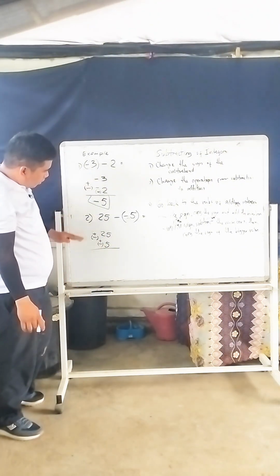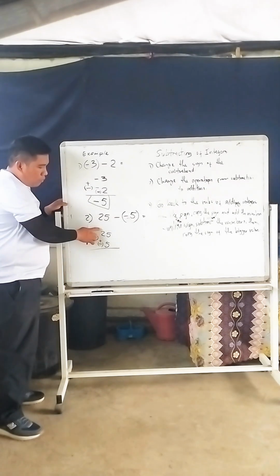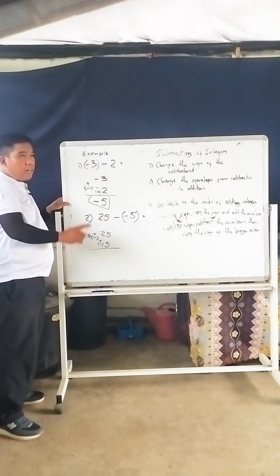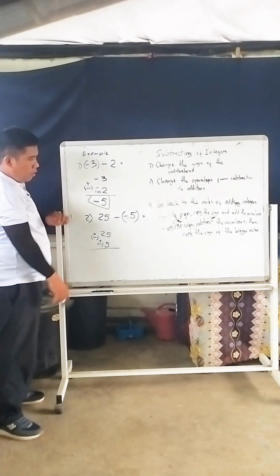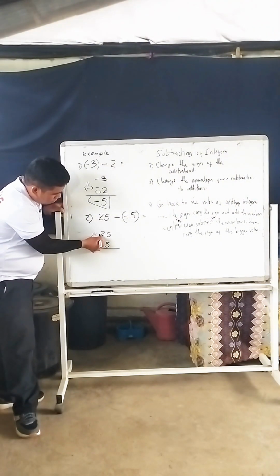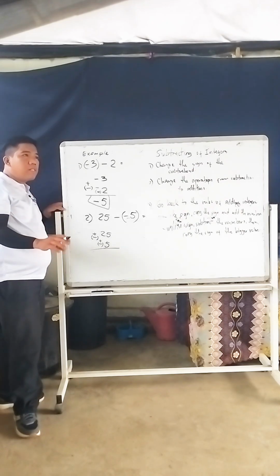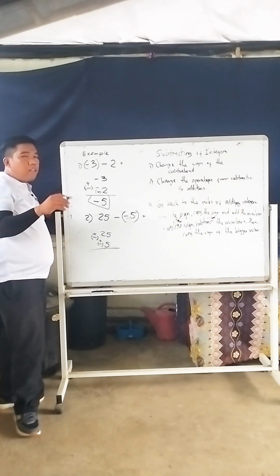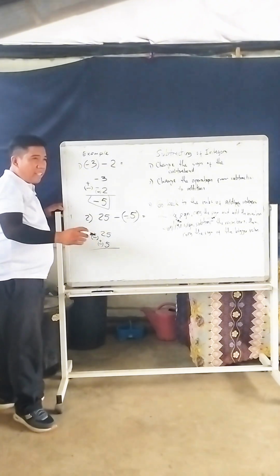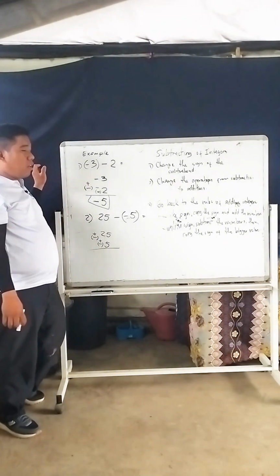And then let us look if the sign of the two given integers are the same or unlike. Since we have positive 25, though it has no positive sign here, remember that positive numbers, even if it has no sign or it has a sign, are considered as positive numbers.